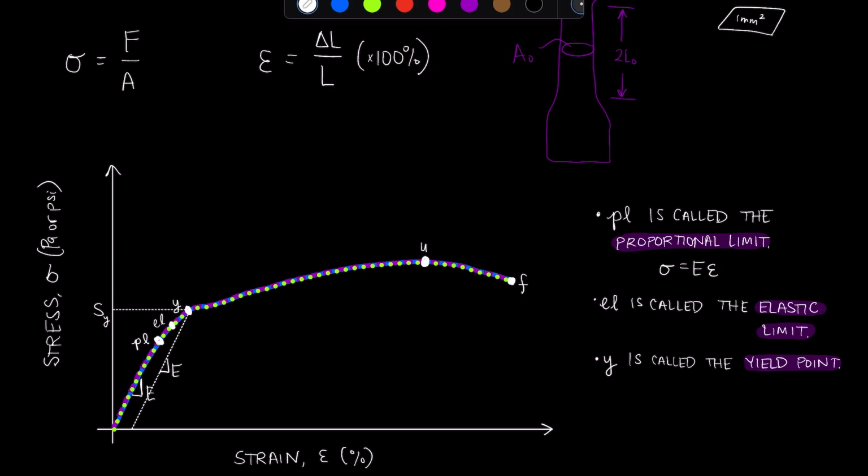Now keep in mind that the definition of this yield point and yield strength is sort of arbitrarily defined, although the most often definition that's used is the offset method with a 0.2% strain.